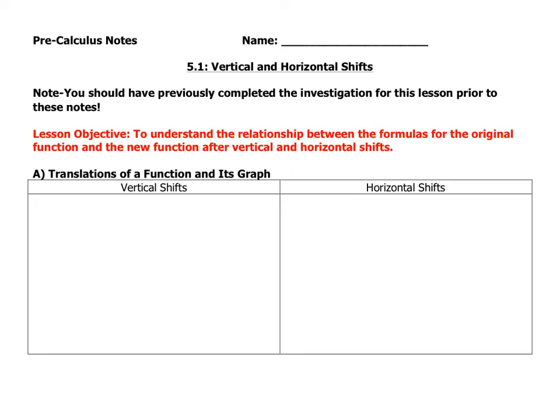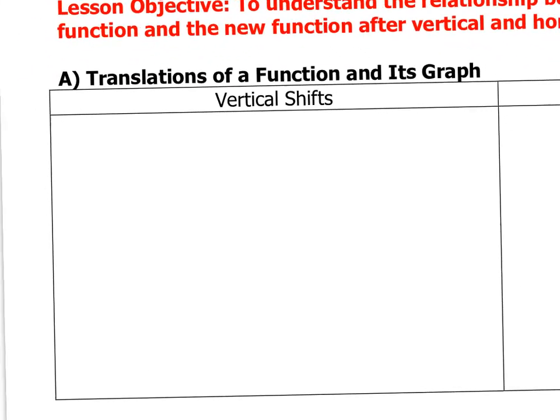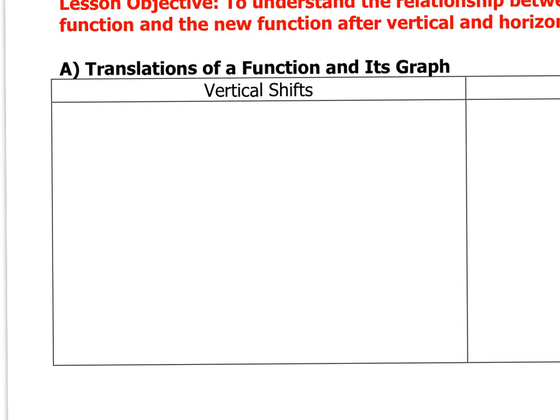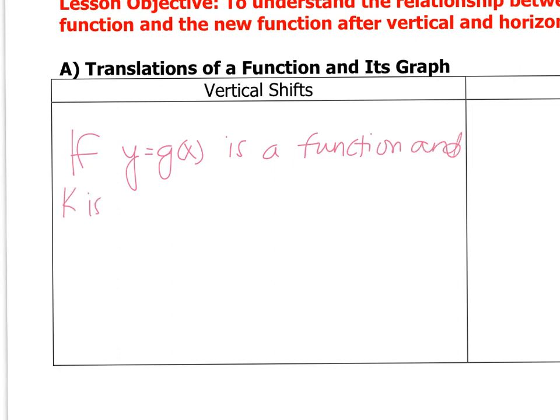In terms of a vertical shift, if we have a function y equals g of x, and some constant k, then y equals g of x plus k is a vertical shift.